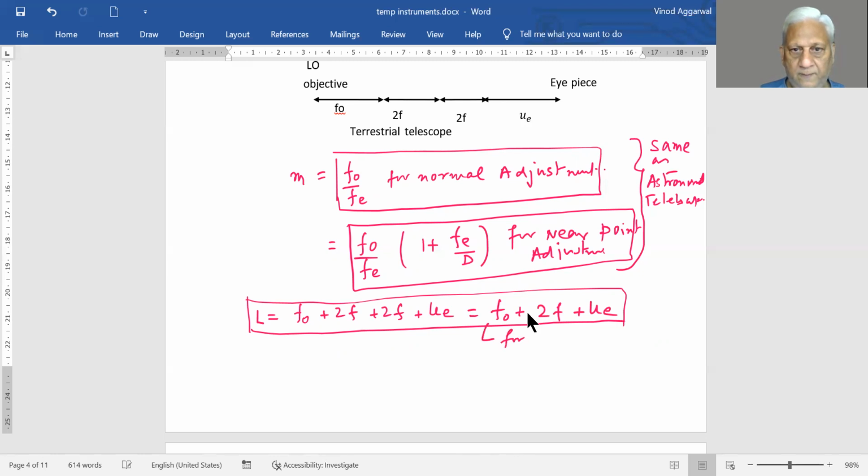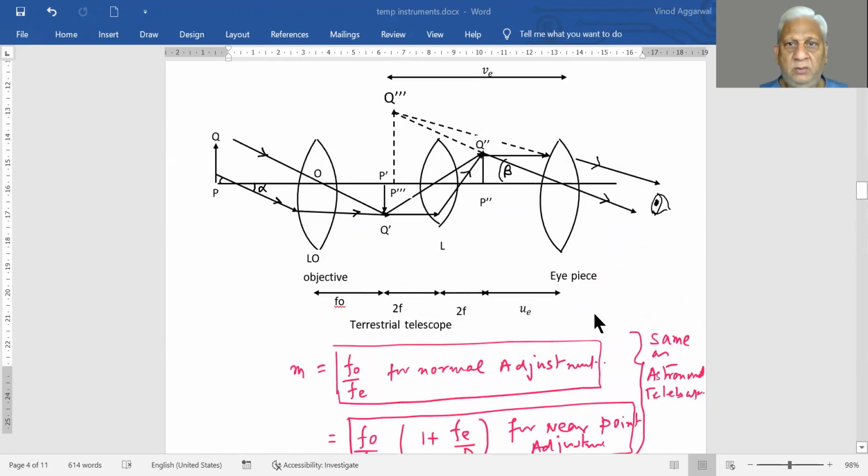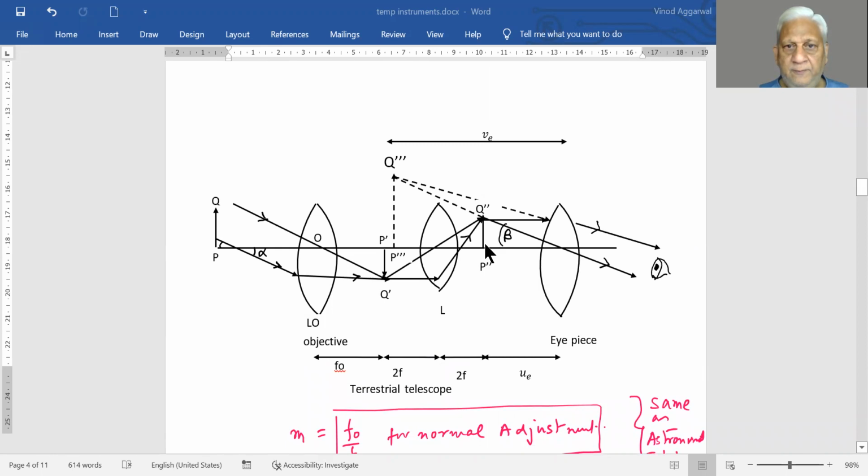This is for normal adjustment, because this UE in case of normal adjustment will be what? This is our UE.